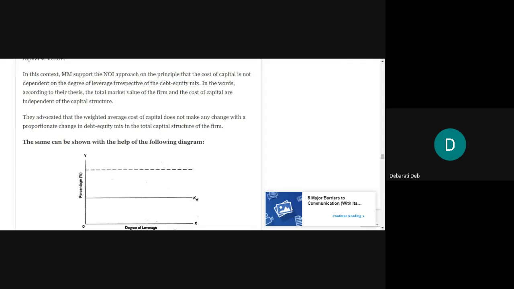That means when you are calculating the total value of the firm, this will have little relevance to the debt equity mix. Whatever is the amount of leverage or whatever is the proportion of debt in the total capital structure, those things will be irrelevant when you are determining the total market value of the firm and the overall cost of capital.